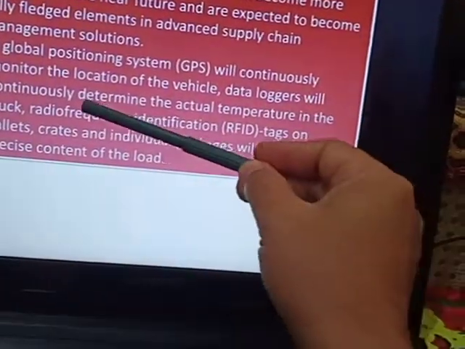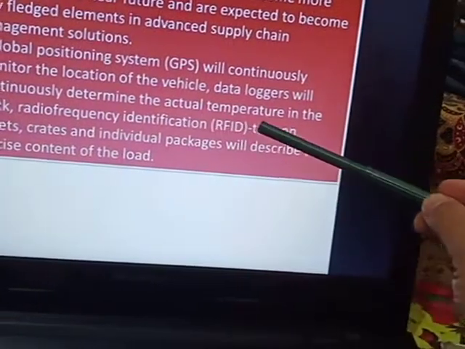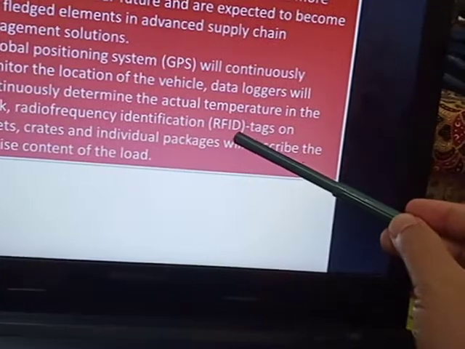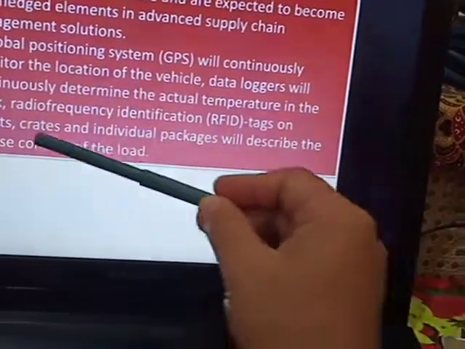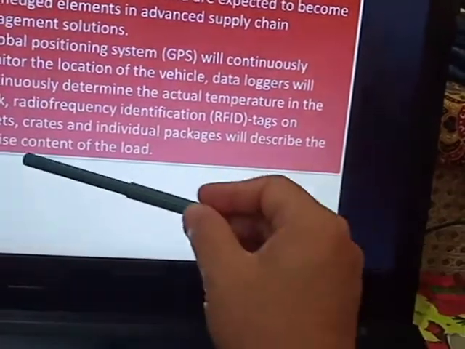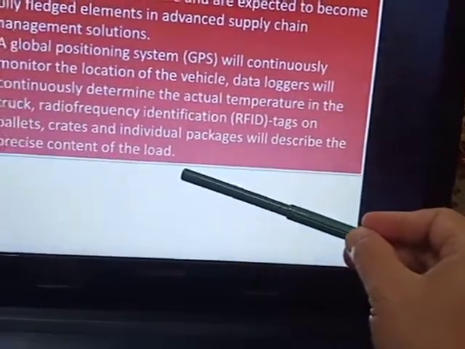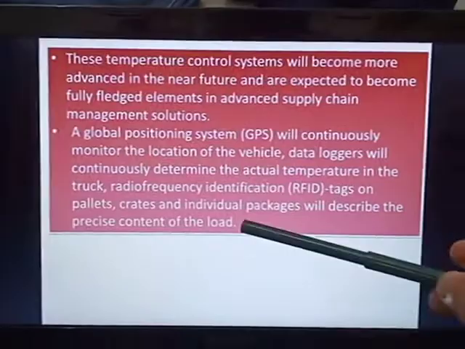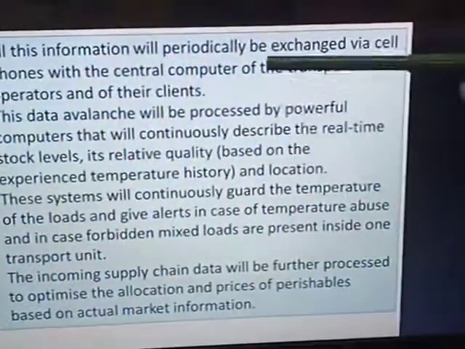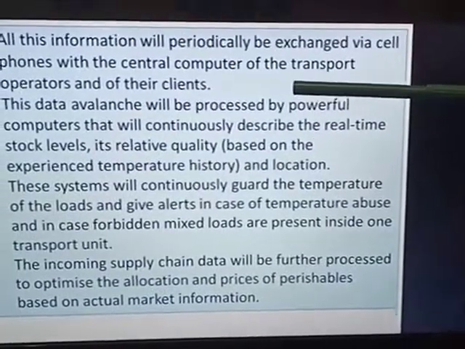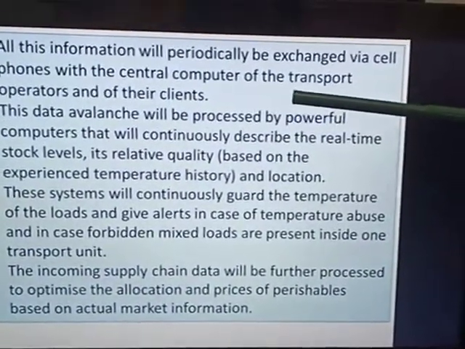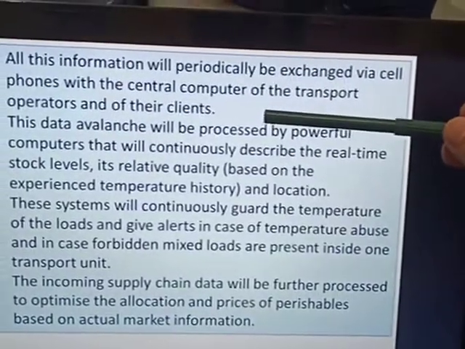Data loggers will continuously determine the actual temperature in the truck. Radio frequency identification, which is RFID, tags on pallets, crates, and individual packages will describe the precise content of the load. All this information will be periodically exchanged via cell phones with the central computer of the transport operators and of their clients.